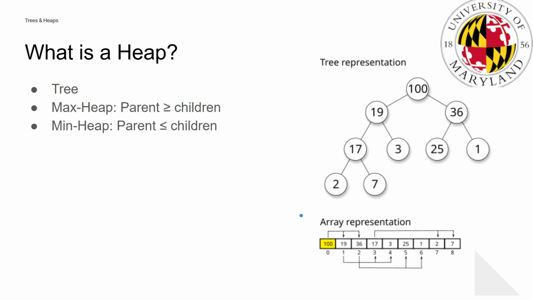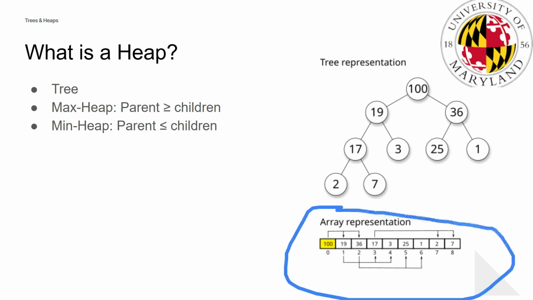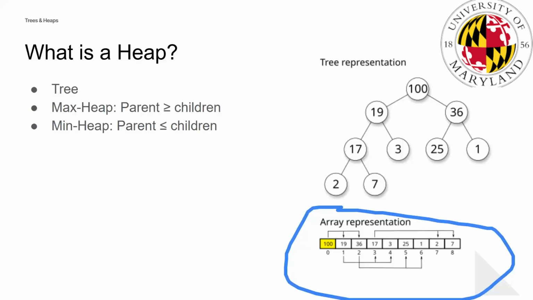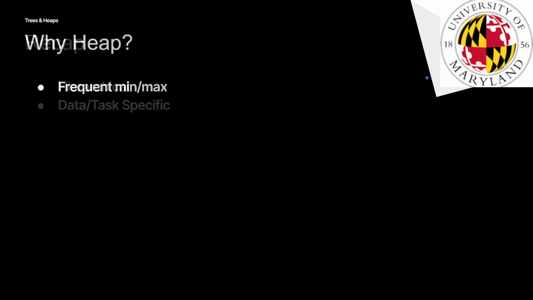And something you'll note on the bottom here is that heaps and trees can also be represented as arrays, where we use the index with a formula to define the corresponding left and right children of the earlier indices. And the reason we use heaps is for applications or algorithms where we have frequent min-max calculations, since if you notice in a max heap, we're always going to have the highest value at the root, and the min heap will be the opposite.